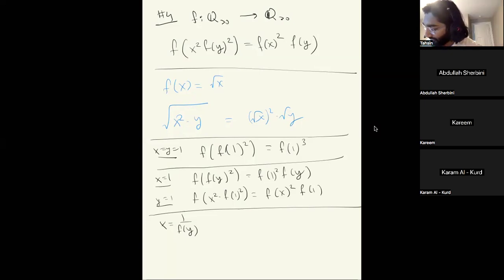What is it? It's going to be f of 1 over f of y. Is that right? No, that's not quite right. Maybe like this rather.